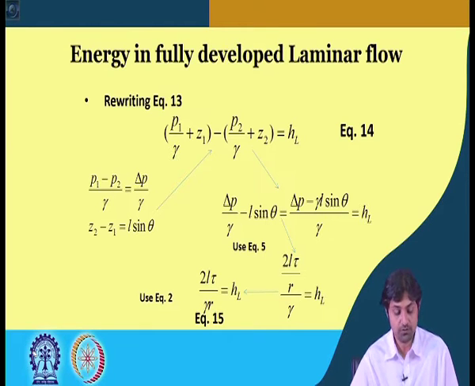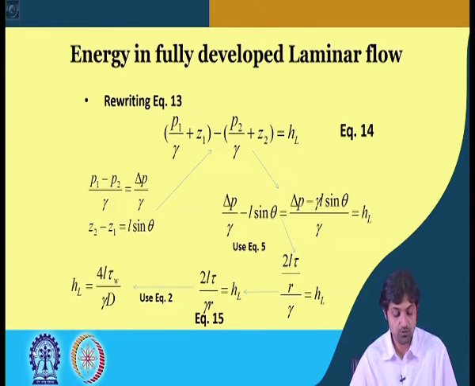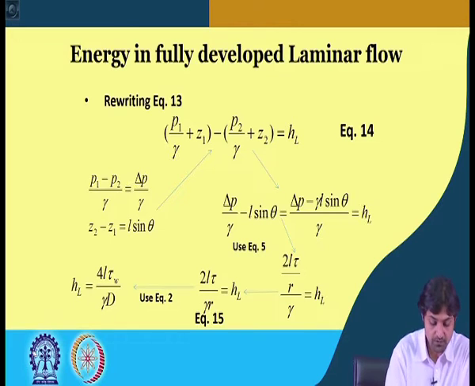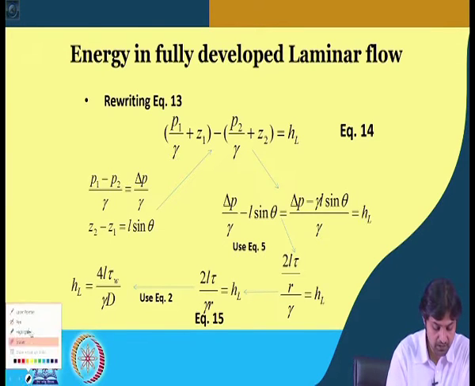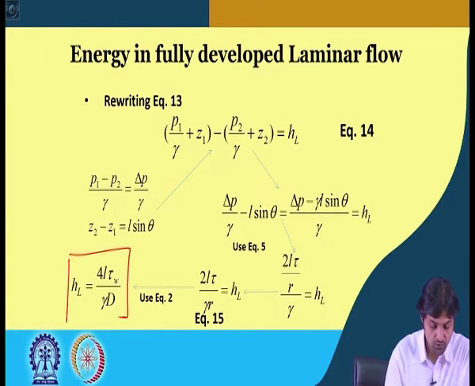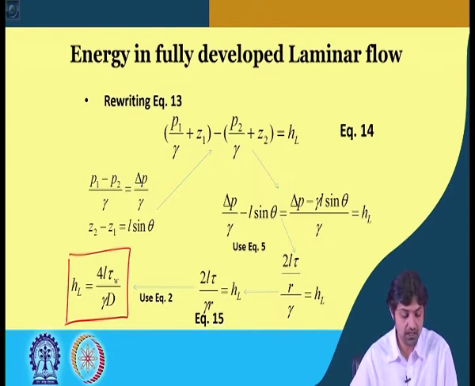Now, equation number 2 was using the wall shear stress, and if we substitute tau in terms of wall shear stress and R, we will get head loss as 4 L tau W by gamma D. So, this is a quick formula for obtaining the head loss in terms of wall shear stress, length of the pipe and diameter of the pipe.